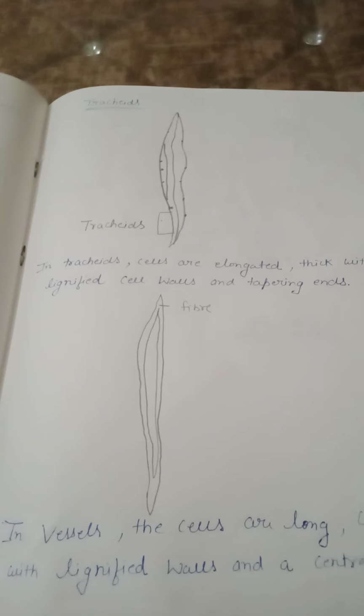Okay. Next is transpiration. In earlier classes, in class 9th and class 8th, you studied about transpiration. What is transpiration? Here we describe it: the loss of water in the form of vapor from the aerial parts of the plant is known as transpiration.